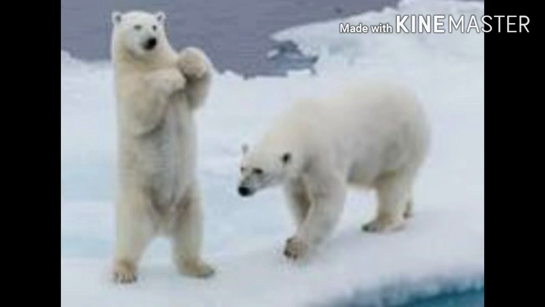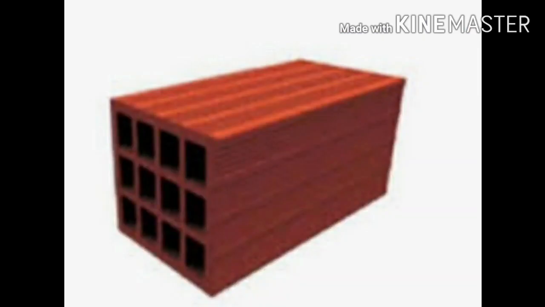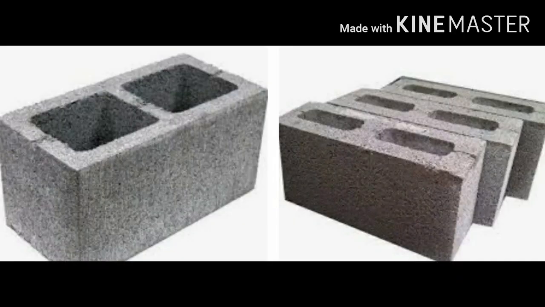It is possible now to construct houses and other buildings in such a way that they are not affected much by the heat or cold outside. This can be done by constructing the outer walls of houses by using hollow bricks which contain trapped air.